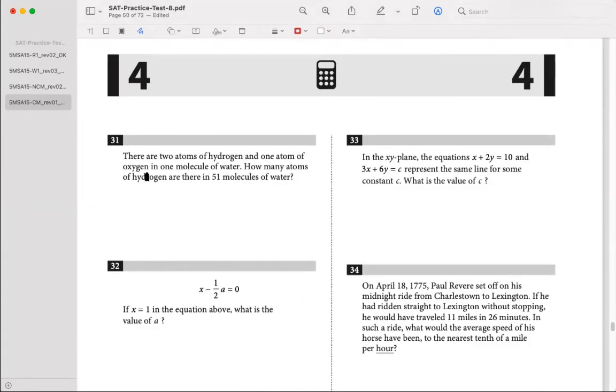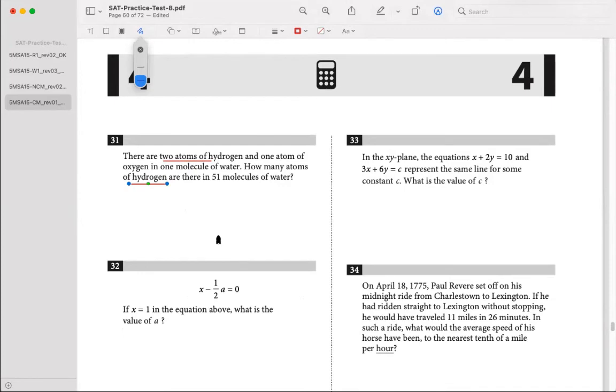Okay, gradables. There are 2 atoms of hydrogen and 1 atom of oxygen. So it's 2 over 1 equals x over 51.